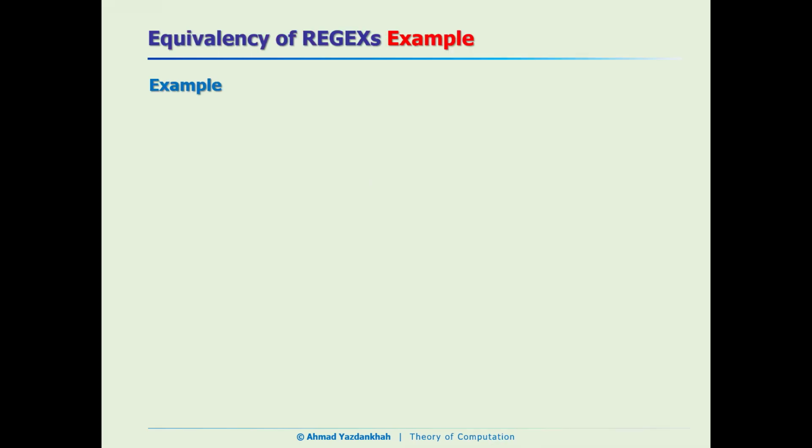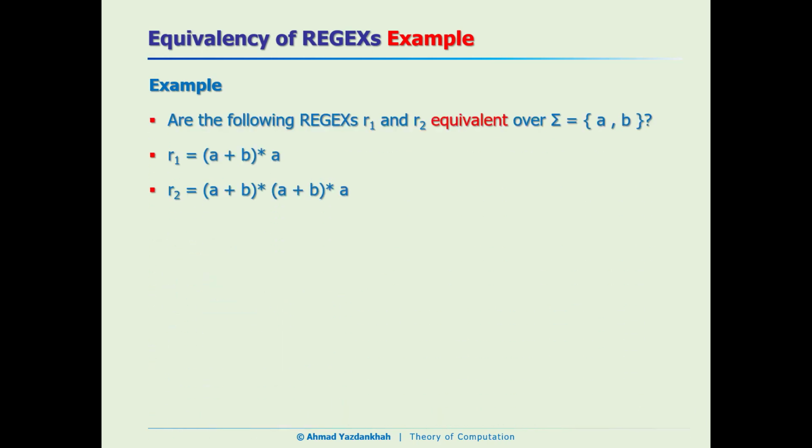Let's take an example here. Look at these two regexes. R1 is (A plus B) star A. R2 is (A plus B) star A (A plus B) star A. Okay, are they equivalent over this alphabet? Let's see what languages they are representing.